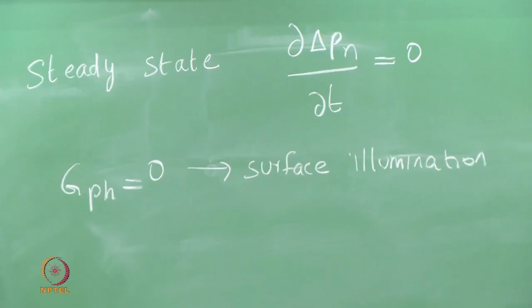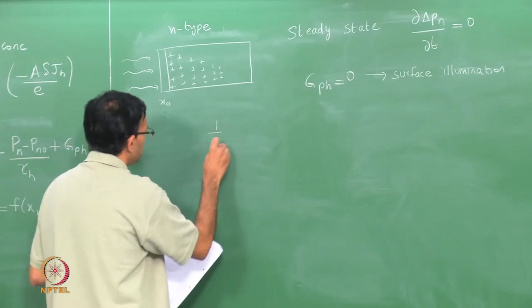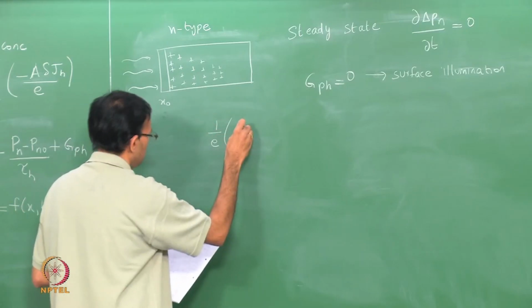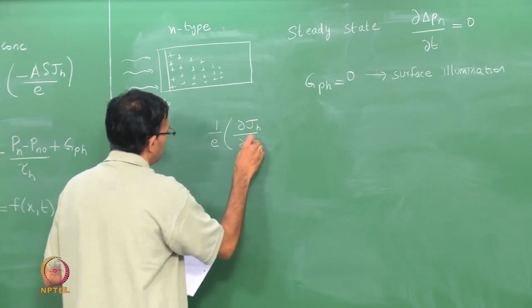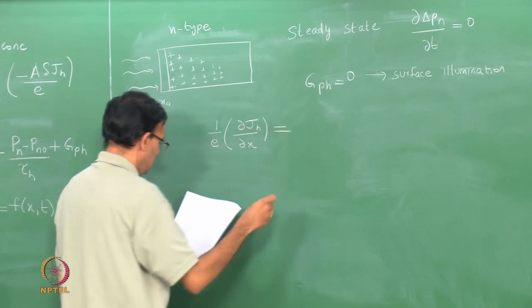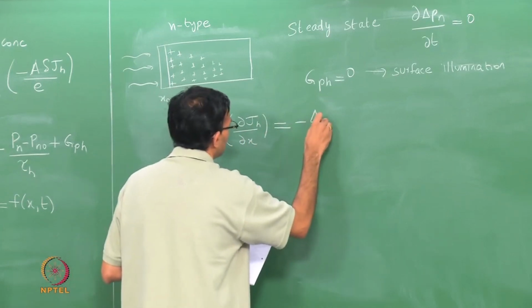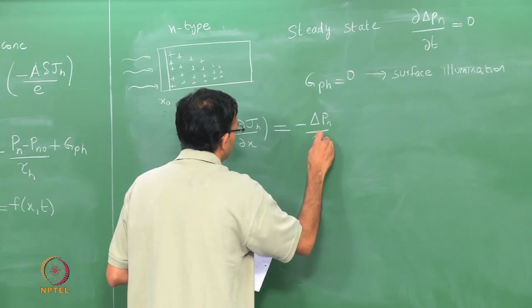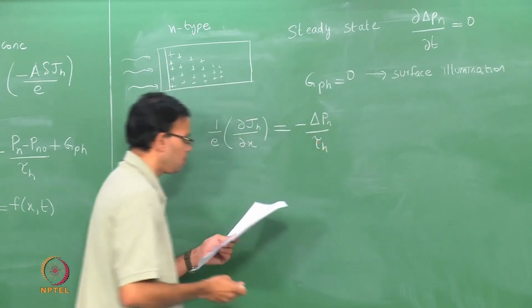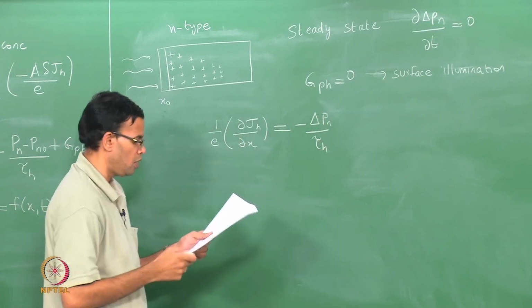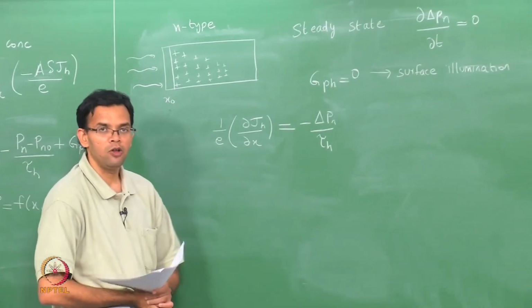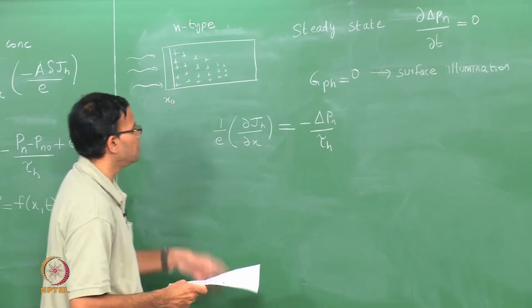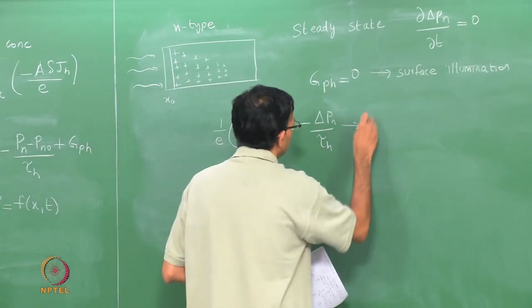So, we can go back and rewrite the continuity equation. In this particular case, the equation simplifies: dou Jh over dou x is minus delta Pn over tau n minus delta Pn over tau h. So, you have a hole current that is set up mainly due to diffusion.